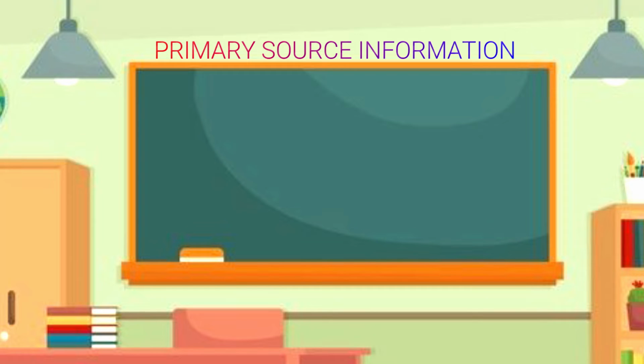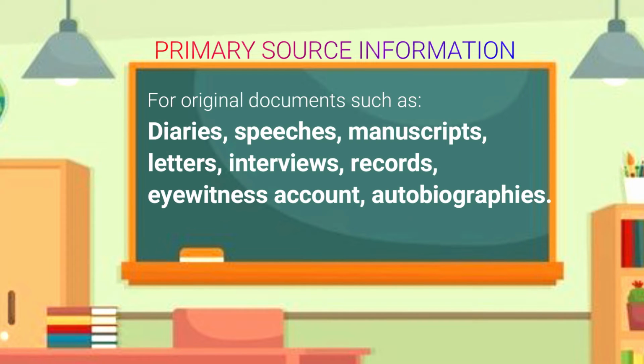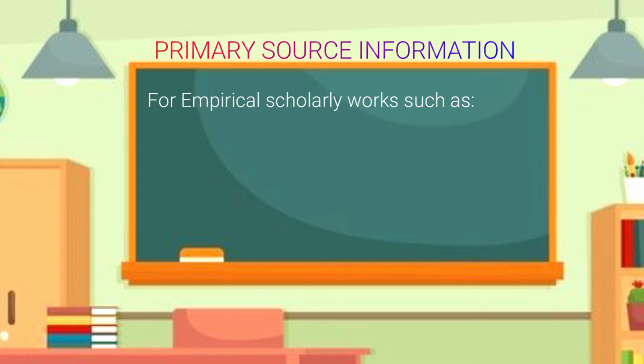What are examples of primary source information? For original documents such as diaries, speeches, manuscripts, letters, interviews, records, eyewitnesses' account, and autobiographies.